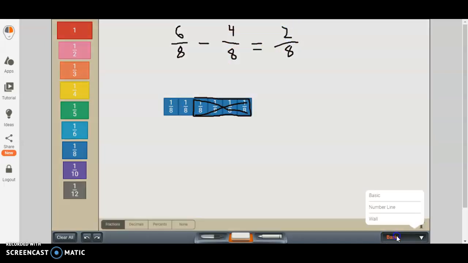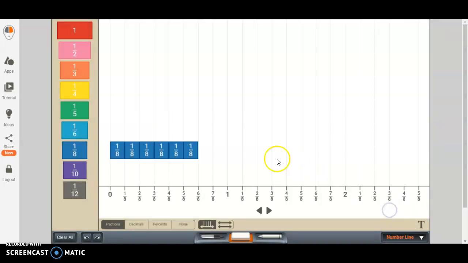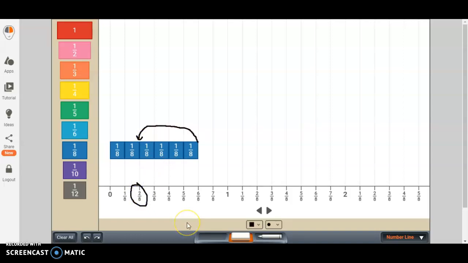Now another way you may see this is as a number line, where you start off with 6/8. It's asking you to move down 1, 2, 3, 4, which does bring you to the 2/8 part of our number line.